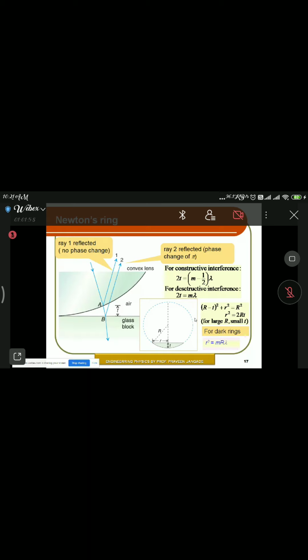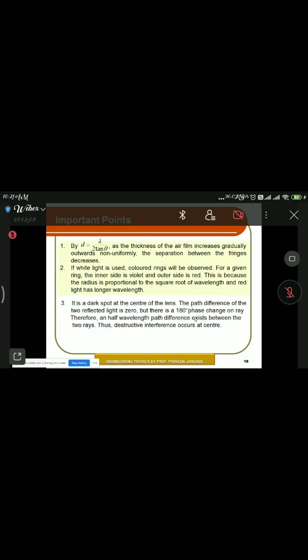This entire expression we will do in the next lecture; this was just a glimpse of how we can get it. We will complete that expression part also in a stepwise manner. Then some important points related to Newton's ring.